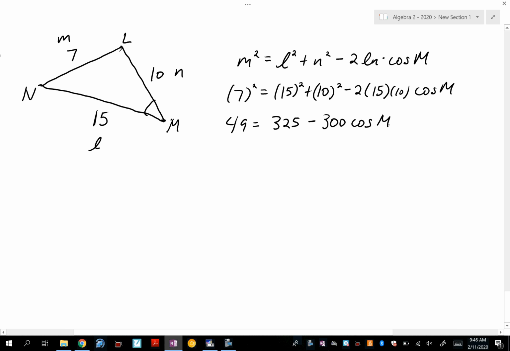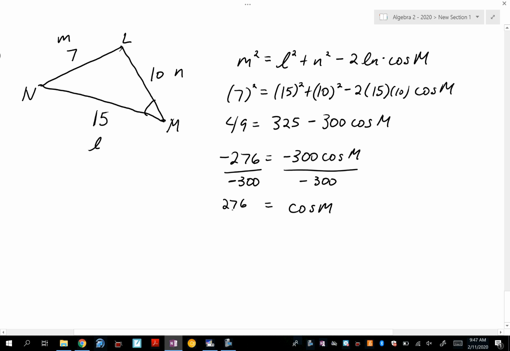If you move that 325 over with subtraction, you get 49 minus 325, which is negative 276, equals negative 300 times the cosine of m. Divide both sides by negative 300. You'll notice a negative divided by a negative becomes a positive.